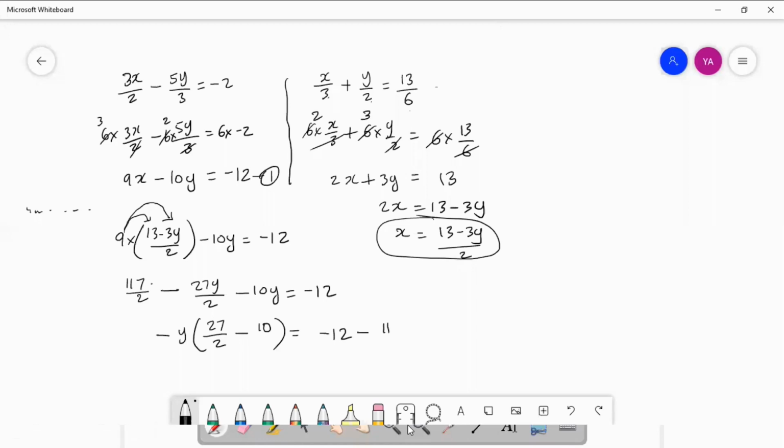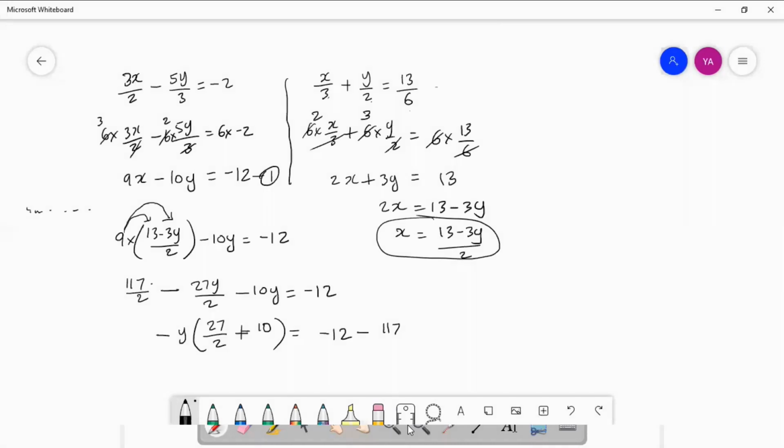Sorry, it should be plus, because we take minus 5 outside... the y term carries a minus sign, so it should be plus.